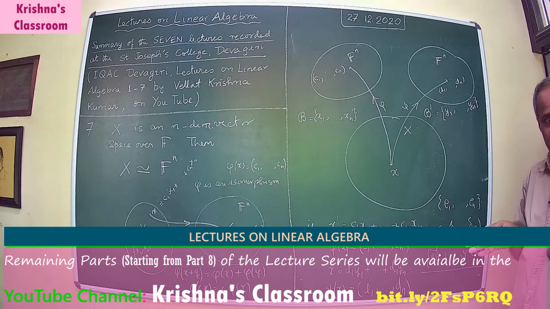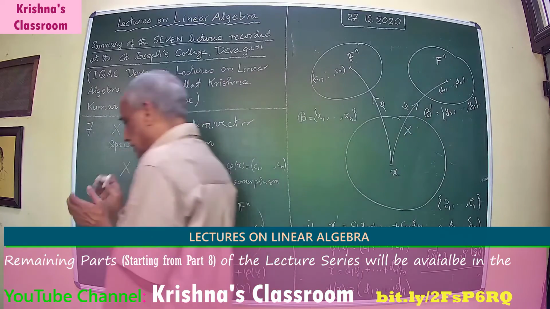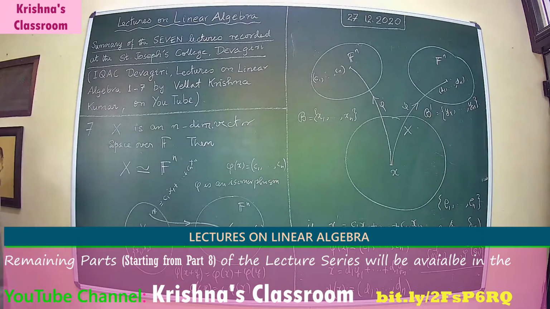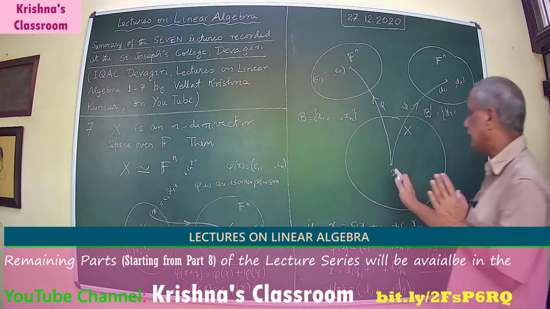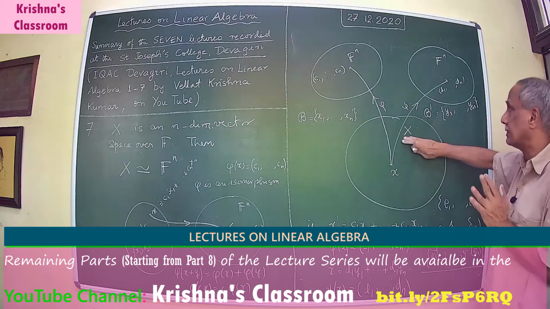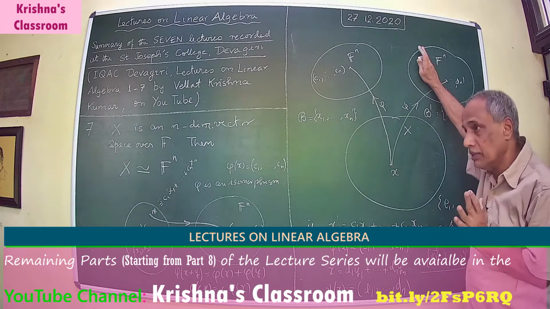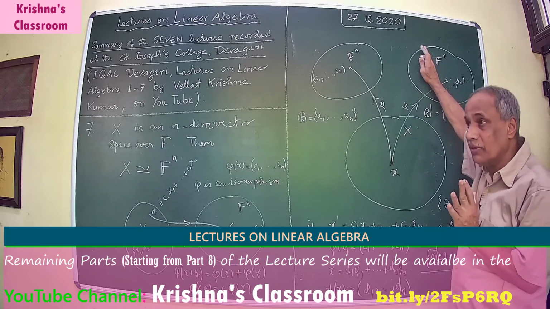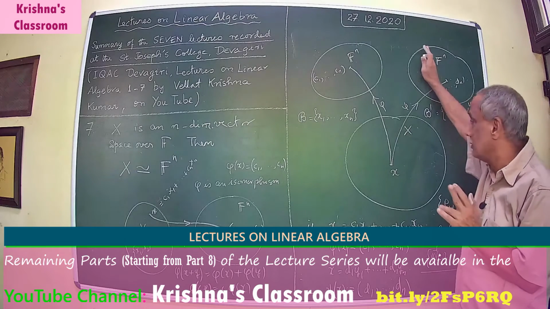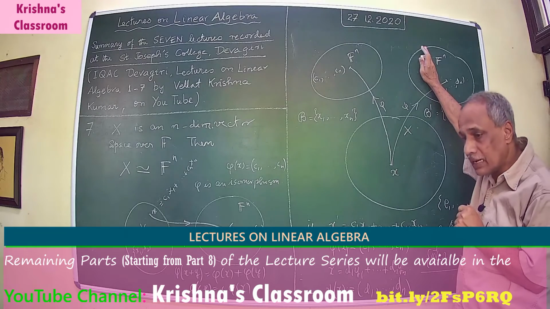Once an ordered basis is given, it fixes the isomorphism. That's something that we have discussed in chapter 7. And therefore, the multitude of representations for X in terms of Fn is possible. This is one of the interesting features which carry forward our study of X further.